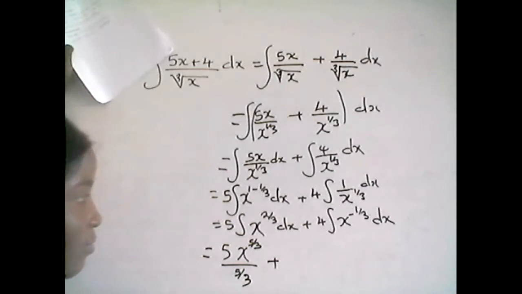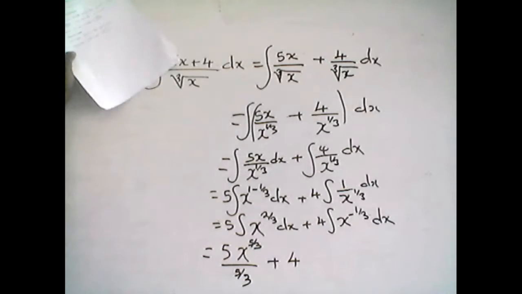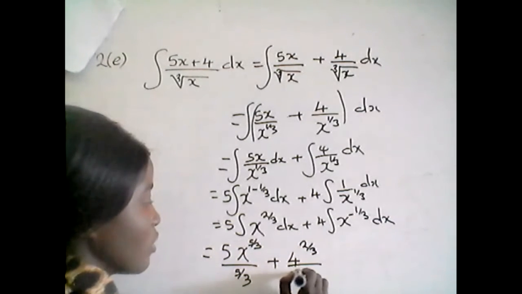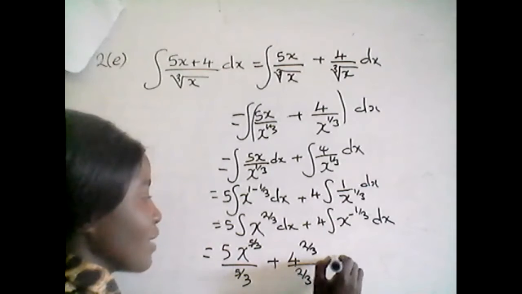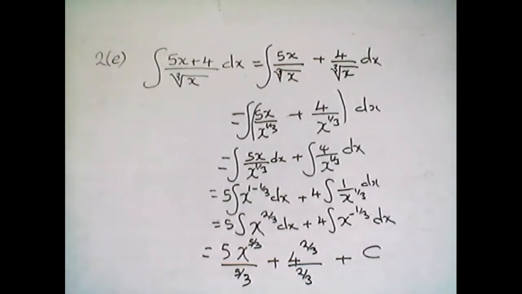Plus 4, negative 1 over 3 plus 1, we're going to get 2 over 3. We do the same here, divide by 2 over 3, plus some constant c.